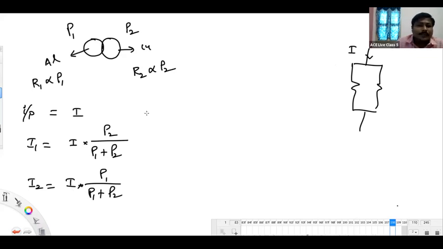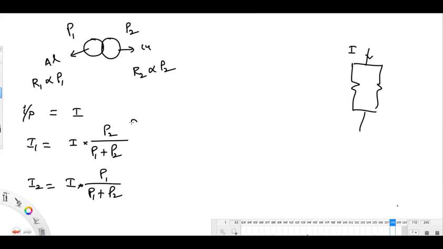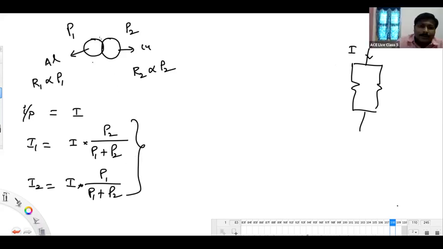Are you hearing me? Yes, sir. After getting these two currents, you find out the flux linkages of the first conductor, self and mutual between these two. From that you will get the inductance.